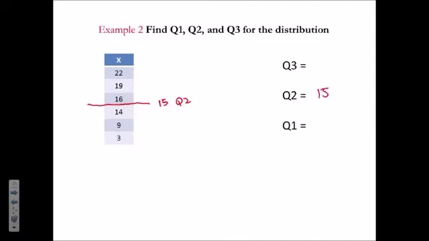Next, we take the top half of the distribution and the bottom half of the distribution and find the median, again, of those 2 pieces separately. So the median of the top half, the number in the middle, would be 19. So 19 would be the Q3 score, and the number in the middle on the bottom half would be 9. So 9 would be the Q1 score.